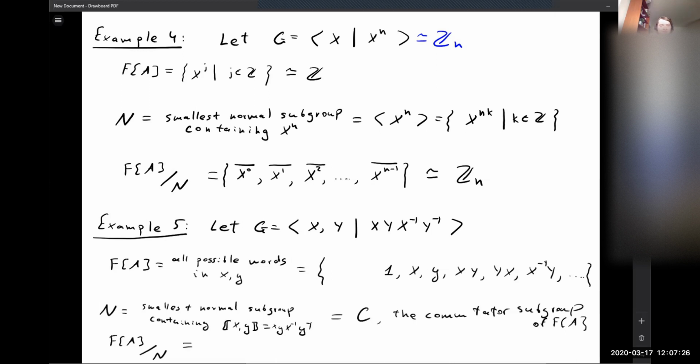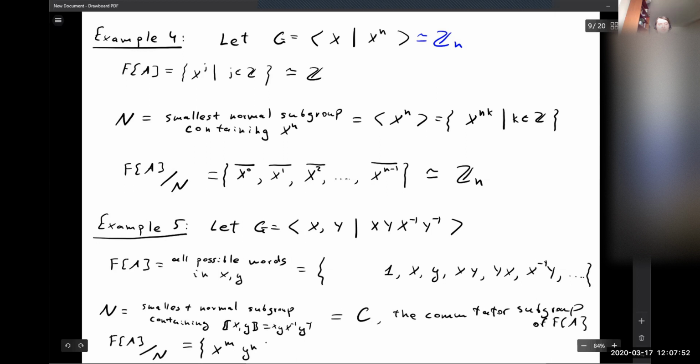We know that this is abelian, right? And if it is abelian, then we can move all the x's and y's past each other. So really, as a set, this quotient will be x to the m, y to the m. Oh, sorry.